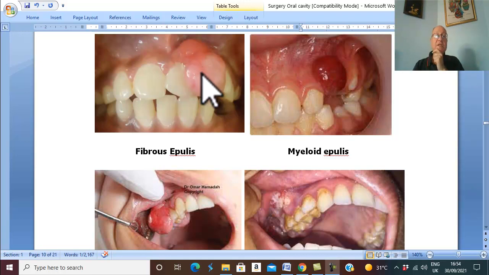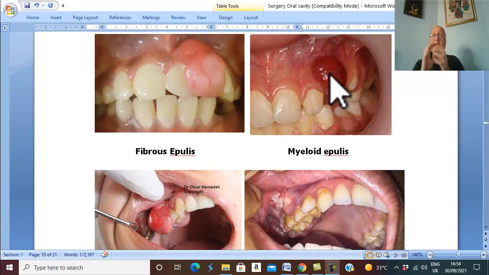This is the first type, which is the commonest type and is called fibrous. A less common type is giant cell epulis or myeloid epulis. I prefer giant cell epulis. Why? Because it originates from giant cells. What are the giant cells related to the mucoperiosteum of the gum?